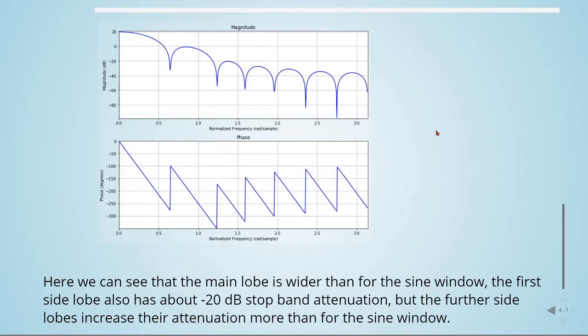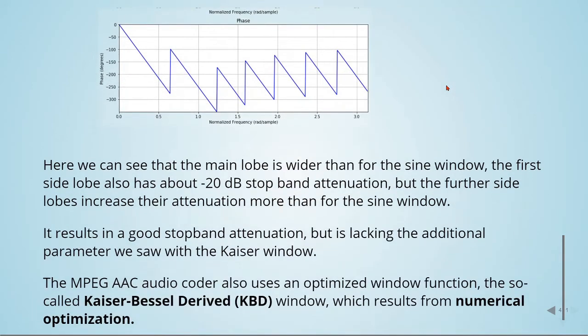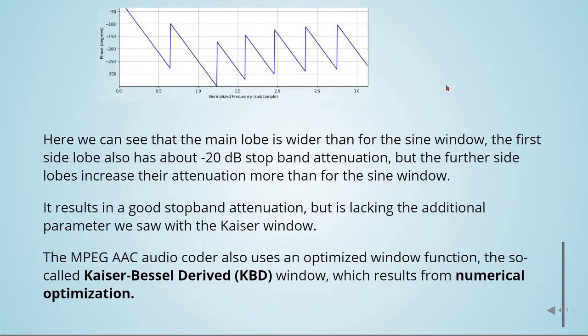The first side lobe also has about minus 20 dB stop band attenuation, but the further side lobes increase, and here we are almost at minus 40 dB. So it results in a good stop band attenuation, but it's lacking the additional parameter like we saw with the Kaiser window.